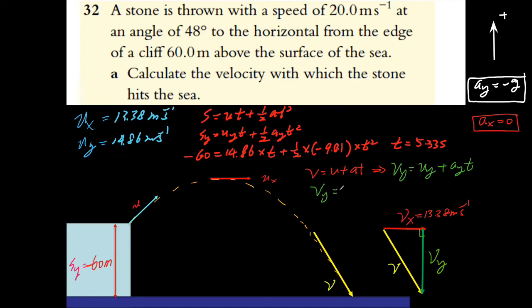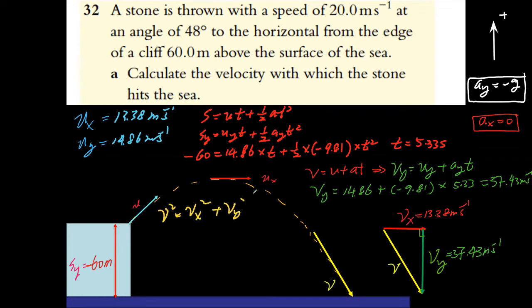And vy equals the initial velocity in the vertical component, 14.86, plus minus 9.81 times the time taken, 5.33, and that gives us minus 37.43 meters per second.